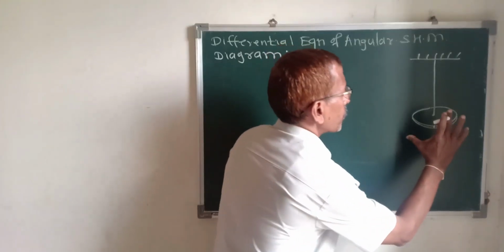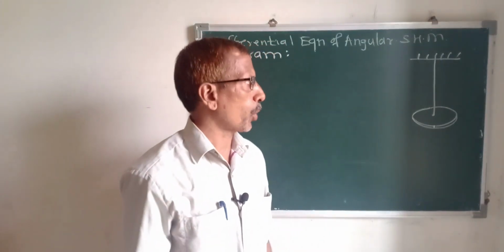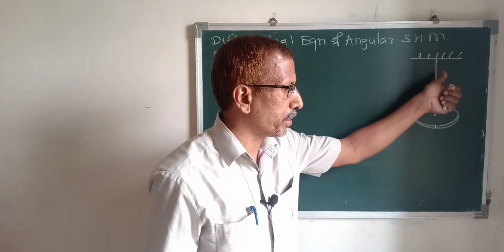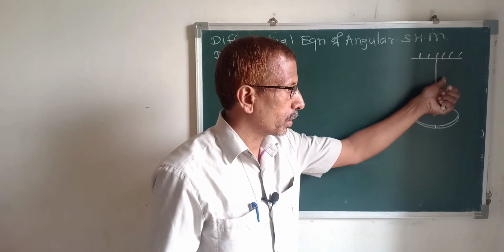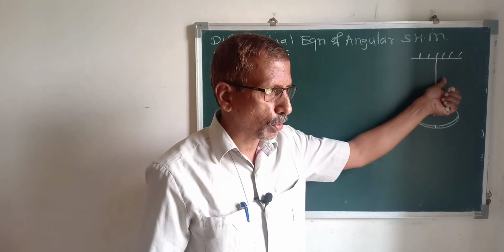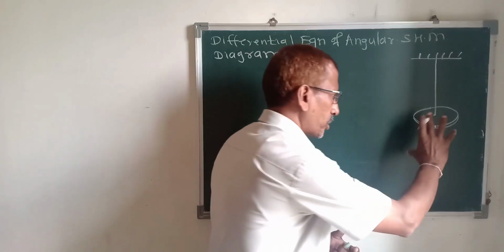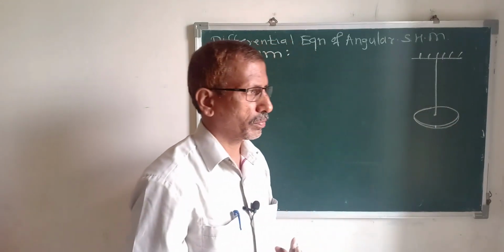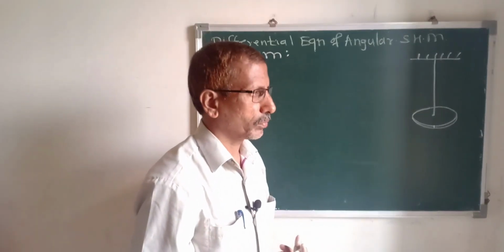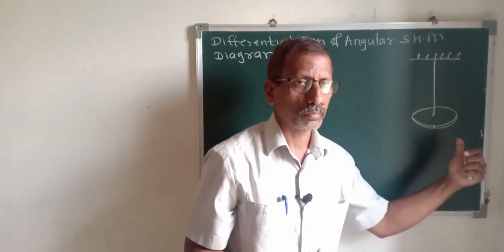When this disc is twisted, due to the property of modulus of rigidity in the wire, a torque is developed, and this torque also produces a restoring torque in the disc. So when this disc is released, it performs rotational motion.